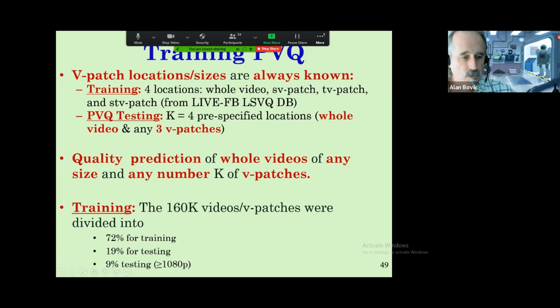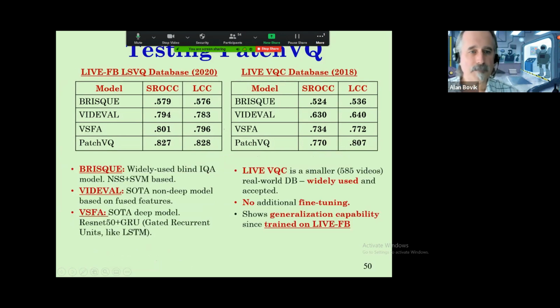Our goal, of course, is to learn how to predict quality of the whole videos and any number of patches. Even though we only train on 4 patches at the input, the RCNN structure is wonderfully general and allows you to predict any number of patches afterward. Well, I'll tell you what we do for that in a little bit. Okay, so this just shows our training protocol. We're very careful about overlaps.